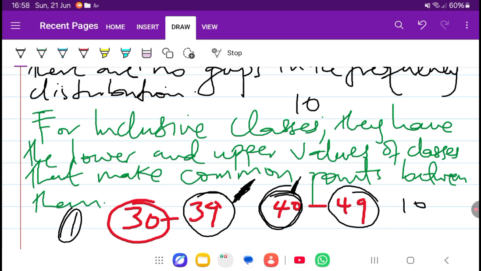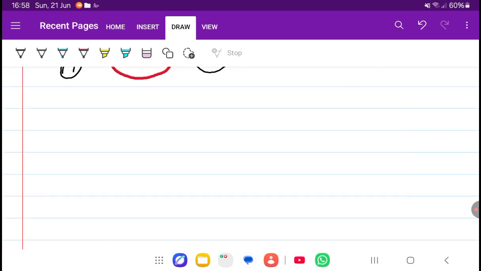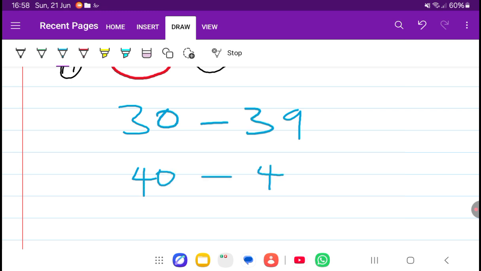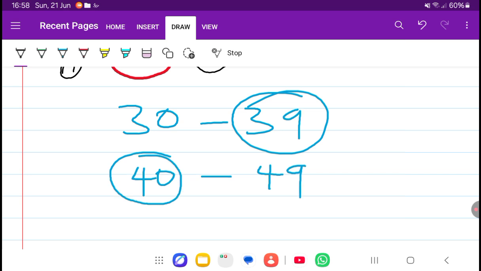Meaning, if you want to remove the gap, let me just do it down here. Let me repeat these classes. We've said it is 30 to 39 and 40 to 49. From here, this one and this one, there is what we call a gap.